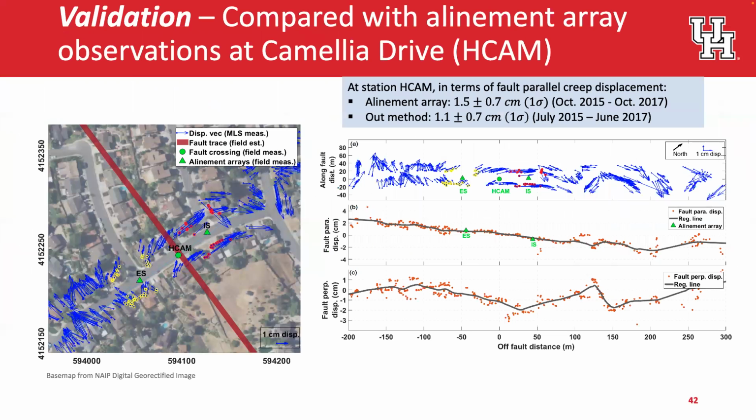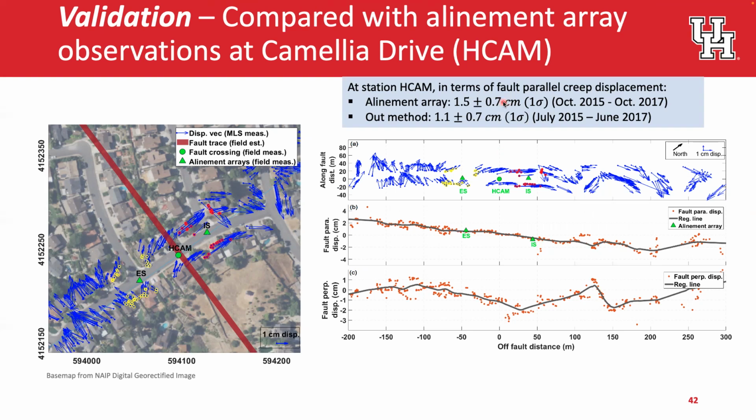So this is looking at those theodolite alignment array sites and comparing those to the displacement that we have estimated using the MLS. And so you can see these are the alignment array displacements, and this is the MLS estimate underneath.